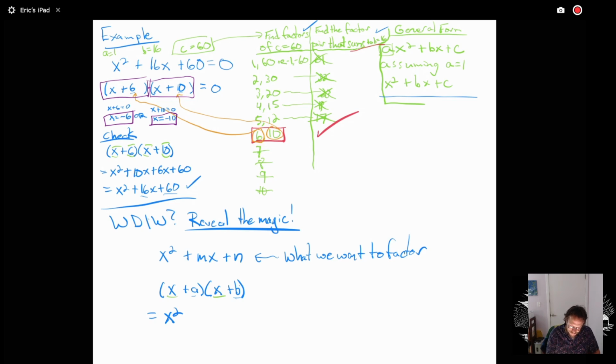Outer terms, x and b, you get bx. Inner terms, a and x, you get ax. And finally, the last terms, a and b, you multiply those and you get ab.